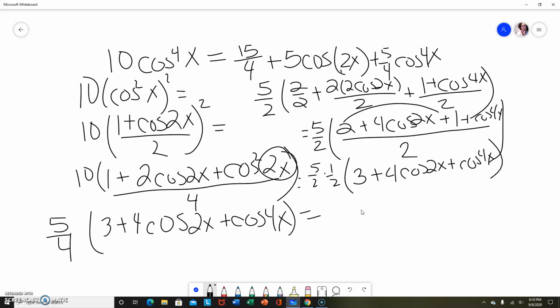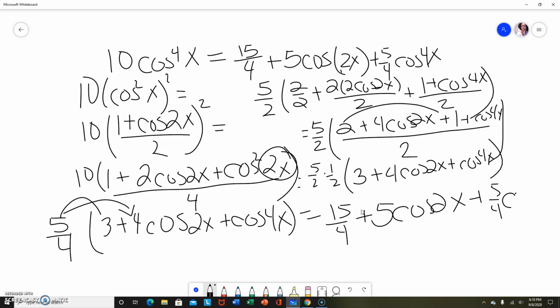So I multiply that through and I get 15 over 4 plus, and I'm just using my distributive property now, 5 over 4 times 4 gives me plain old 5 cosine 2x, and then I get plus 5 over 4 cosine 4x. And guess what? That's equal to what we want it to equal. So we verified it. It works out. And I hope that this little example helps.